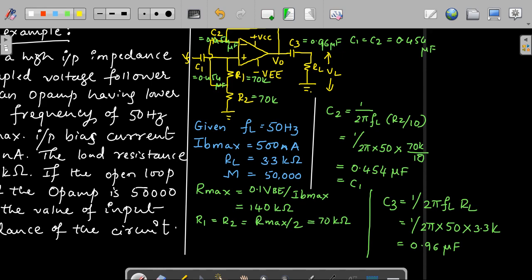A very important thing is we have to have the value of Z in. This is very important for me. Z in, the input impedance, is given by 1 plus M into R1, unlike what we had in our previous case.